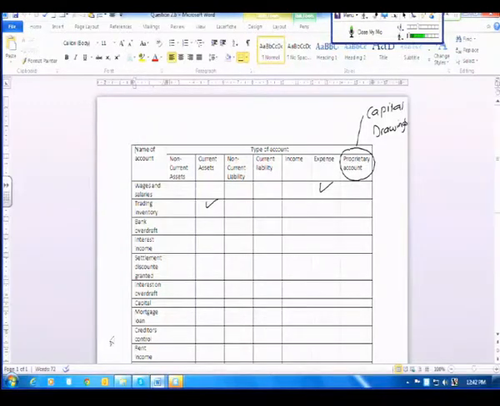The question we ask ourselves is, if we have a bank overdraft, how long will the bank be prepared to wait for us to pay it? Will it be prepared to wait for more than a year? No way. They want you to pay it quickly, the moment you get your salary. So it is a current liability.